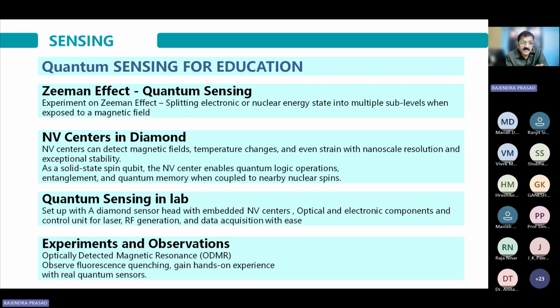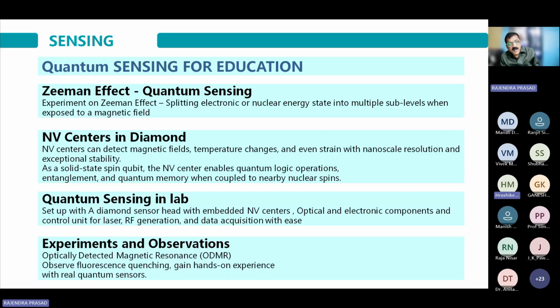These centers can be used for optically detected magnetic resonance. According to the field strength, at a particular frequency like 2.87 gigahertz, very particular in diamond, you will have the resonance. So that resonance is one factor that we can use.